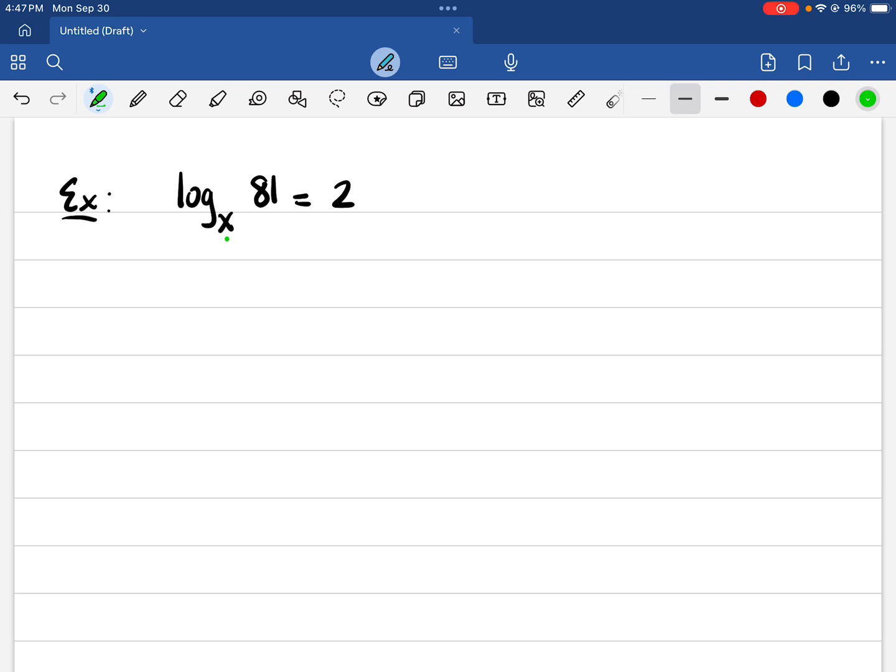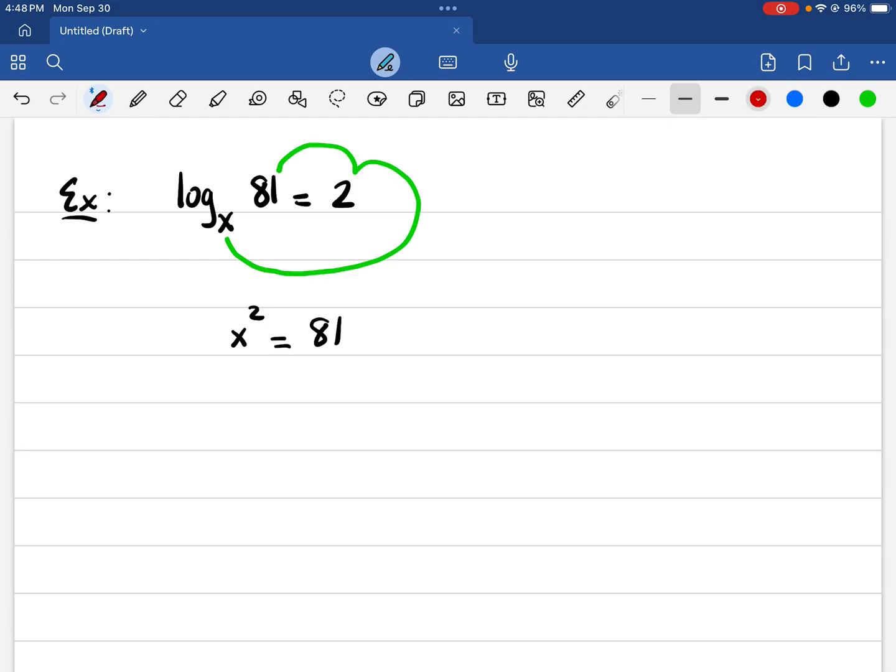So we're going to start here at base x. We're going to go to 2 and then to 81. So we started at our base of x, went to 2, landed on 81, so that's what we're equal to. So now looking at this exponential equation, x squared equals 81, this is an exponential equation that I should be able to easily solve. Right?